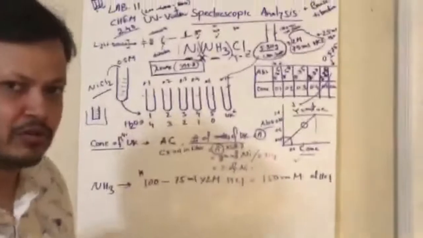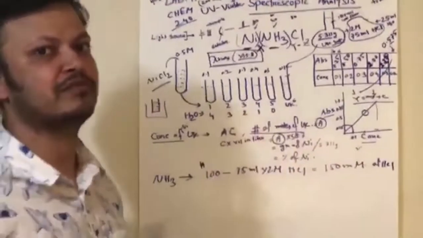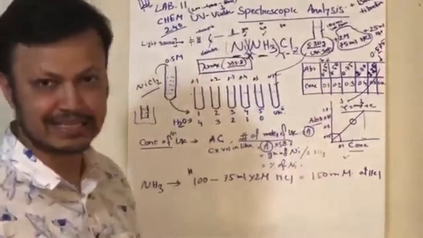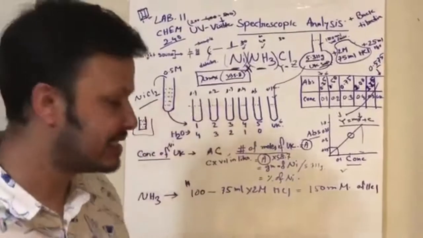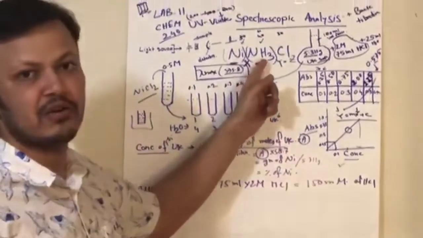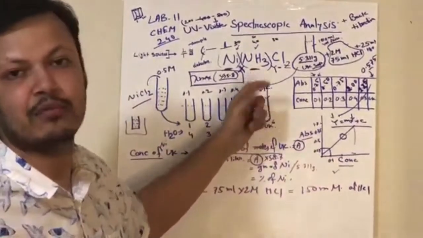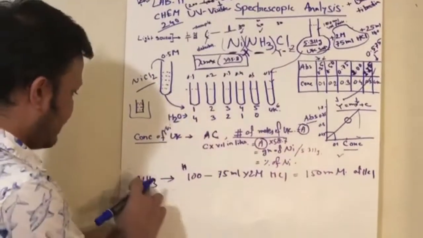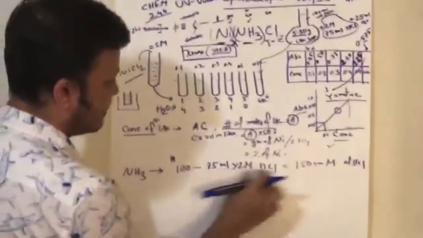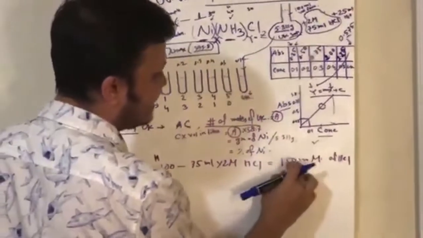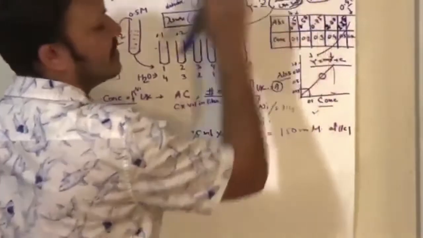From that excess amount we will find out how much of the HCl was excess. If we know how much of the HCl was excess, then we can find out how much of the HCl reacted, which is equivalent to the amount of the ammonia. So you have added this millimole of HCl in here.